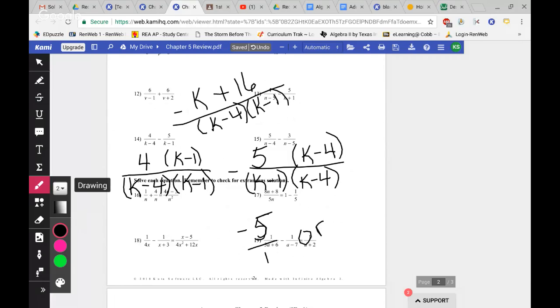Or a 5 over a negative 1 gives me a negative number. So with a fraction, only one of them has to be negative. And since we're technically subtracting the top, you don't really want to mess with the bottom because technically this is a subtraction problem, so it only applies to the top.